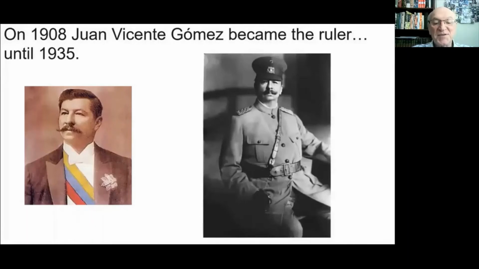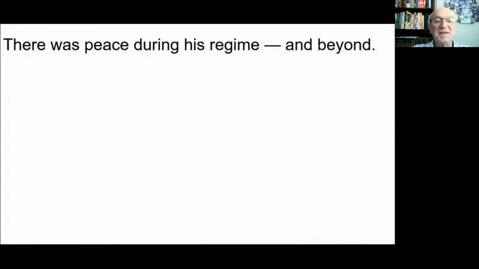And so Gomez took over power, and he sat there until 1935. He was a caudillo, of course, and he was a tyrant. His secret police was brutal, but well, he brought peace during his regime and even beyond his regime.